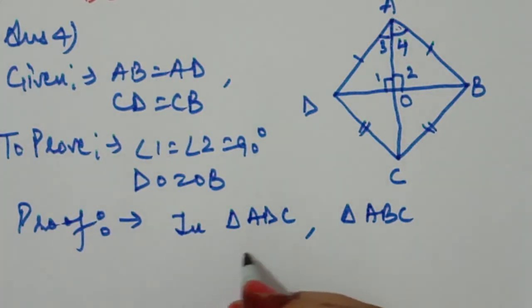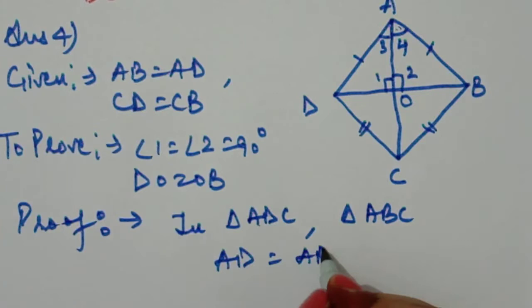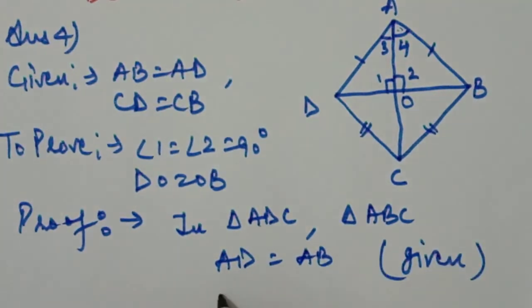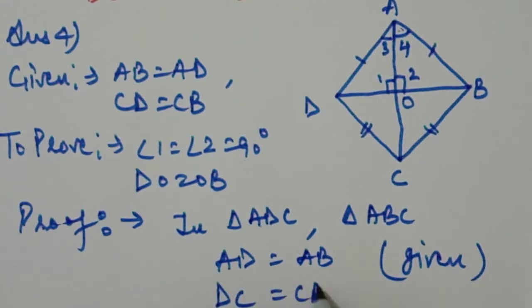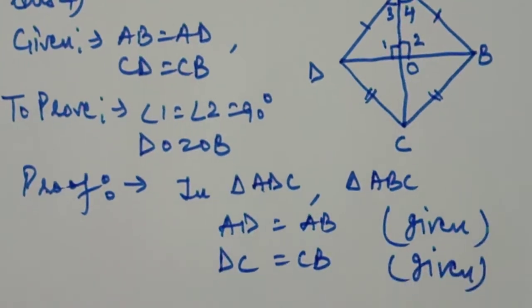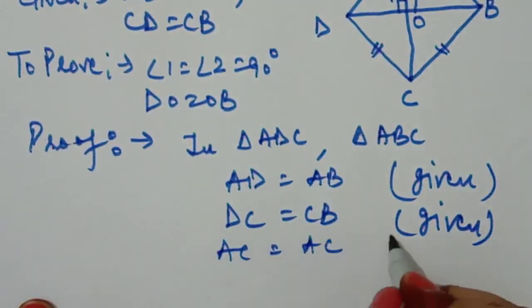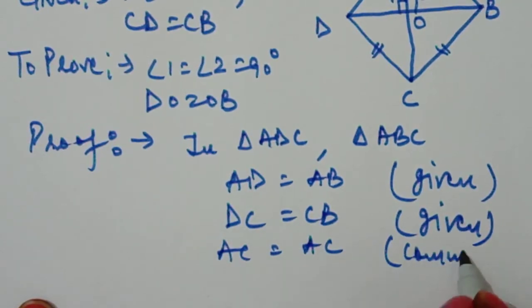First of all, in these two triangles AD is equal to AB, given. And what is the other relation? DC is equal to CB, it is also given, and AC is equal to AC, common.